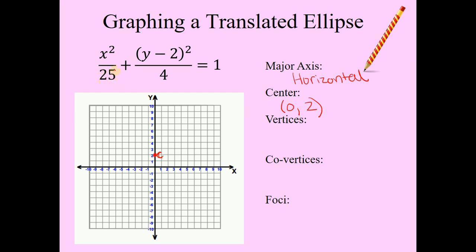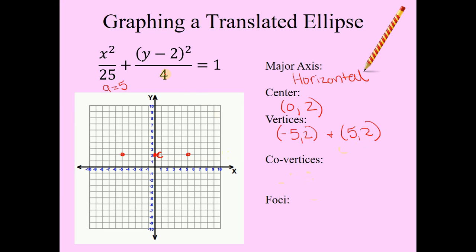My vertices are located at, well, my a is the larger number, and that is a squared, so my a is 5. So that tells me my vertices have to be 5 away from my center, and in the horizontal direction. So I'm going to go 5 this way, put a dot, 5 this way, put a dot. So it tells me my vertices are located at -5, 2, and 5, 2.